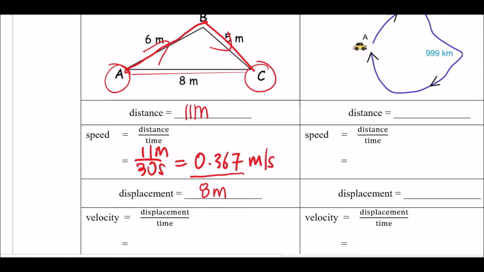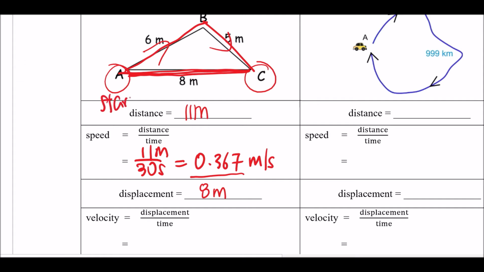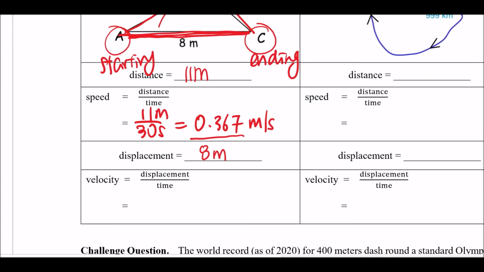Now displacement, just now we already discussed, is the straight line distance from the starting to the ending point, and that's 8 meters. So what is the velocity here? The velocity is displacement over time, so instead of 11 over 30, it's now 8 meters over 30 seconds.